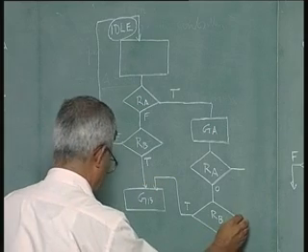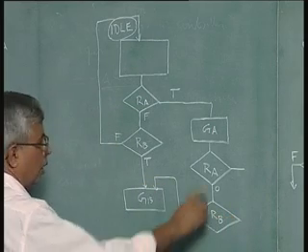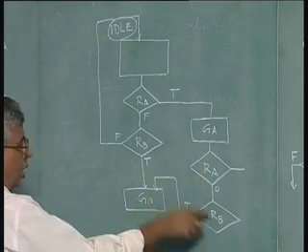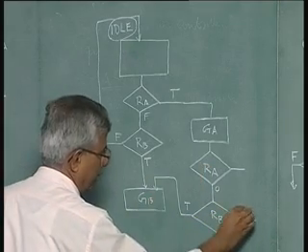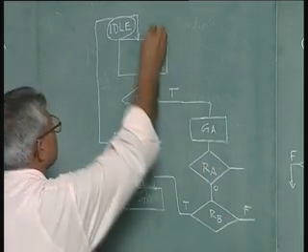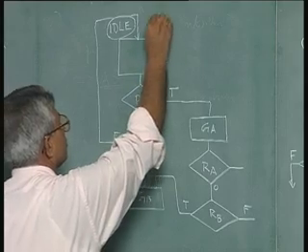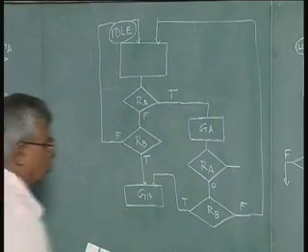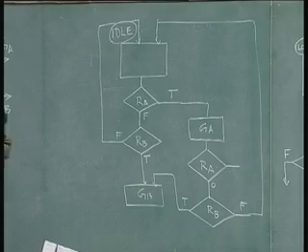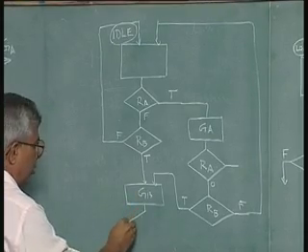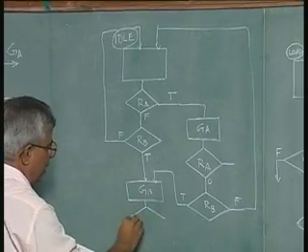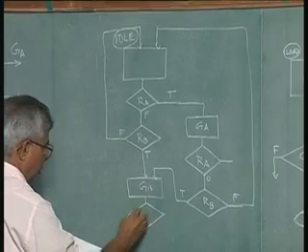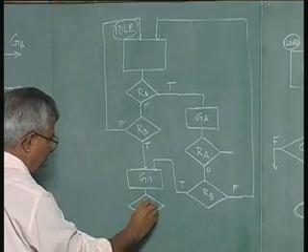If it is false, RA has been taken care of, RB is not there, so I go and wait. On the other hand, by the time I finish GB, RB will be checked one more time, I will tell you why.